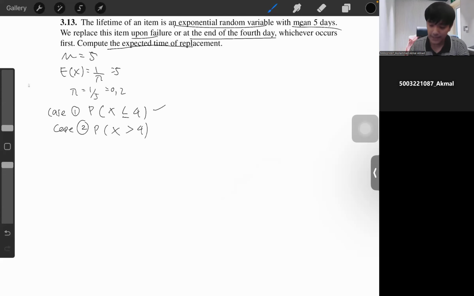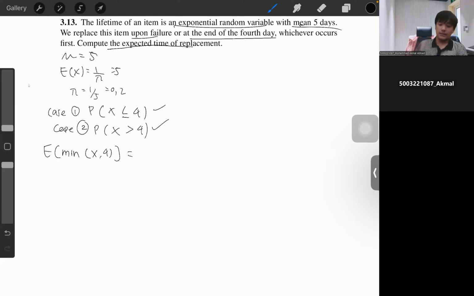In the first case, we will replace the item before the fourth day. In the second case, we will replace the item at the fourth day because the failure is greater than the fourth day. So we can compute the expected time of replacement as the expectation of the minimum of x and 4.